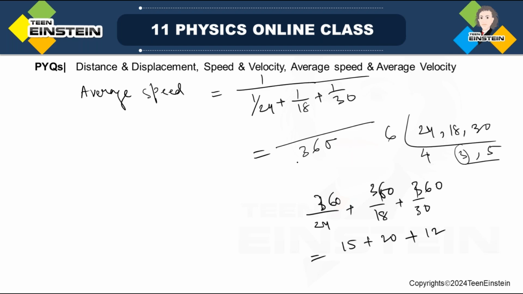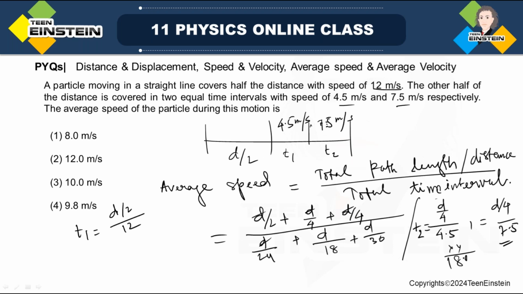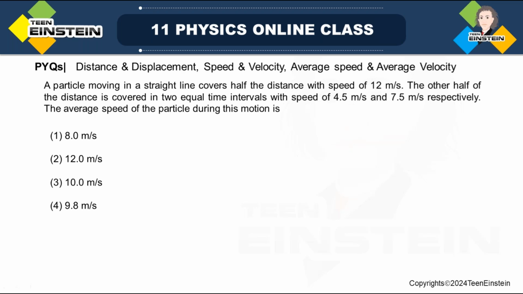I don't know how much are the figures. Oh my God. So figures are very big, it seems. I think I'm doing some wrong calculation somewhere. Let me just do it once again.